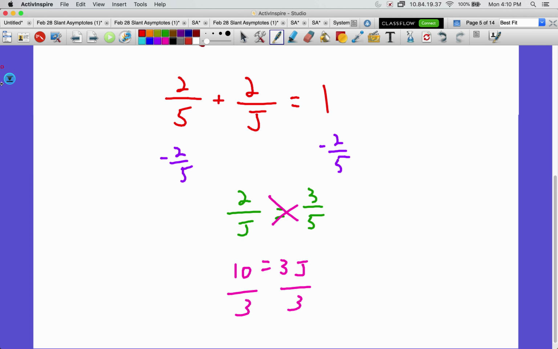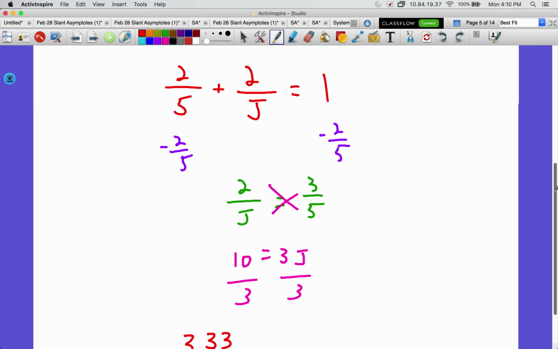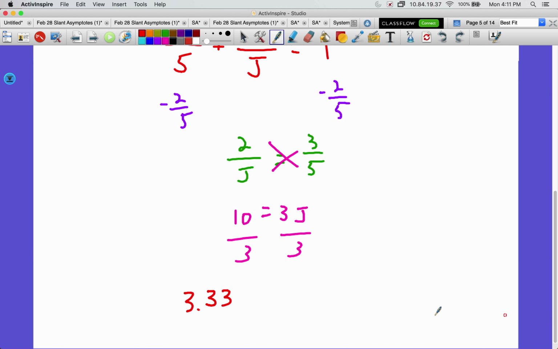And we get 10 over 3, or 3.33 hours per fence for Jen, or 3 hours, 20 minutes.